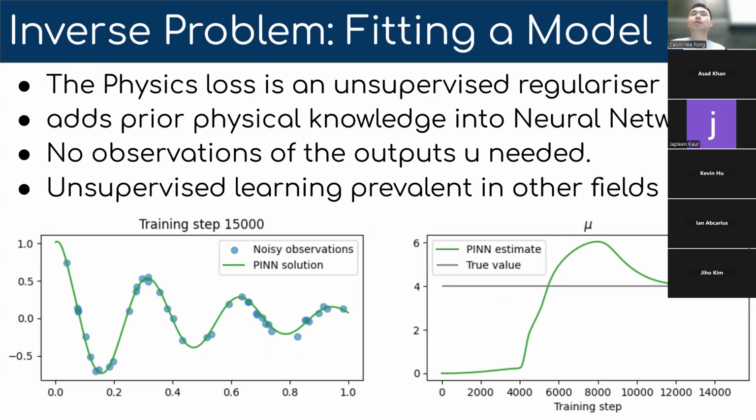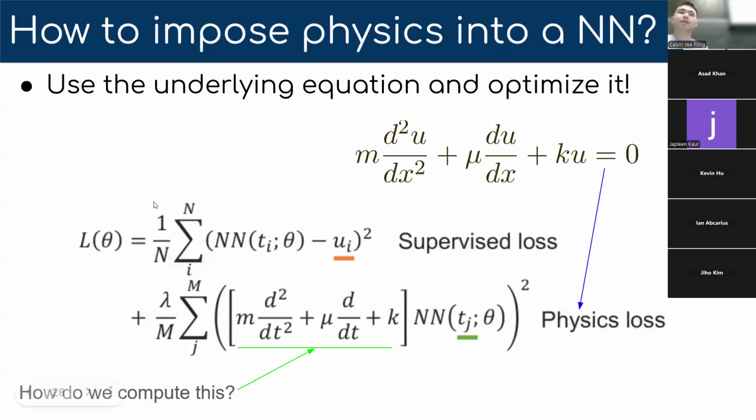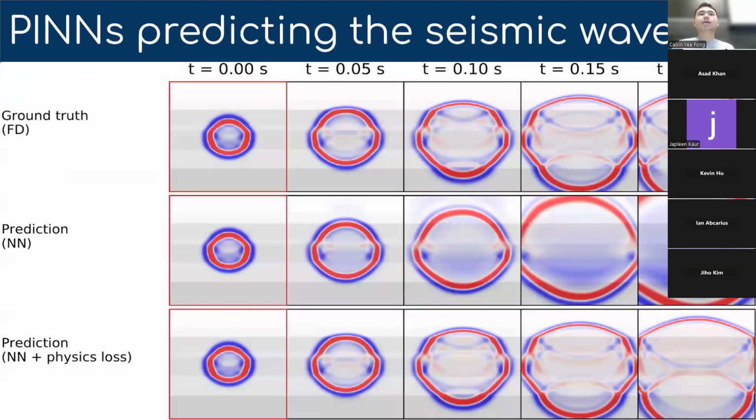For example, in the spring equation, you might not know what the friction coefficient, this mu here, is, but you know that friction was observed when you were measuring the data, and you're trying to estimate the friction coefficient even though you didn't directly measure it. So this is an inverse problem.